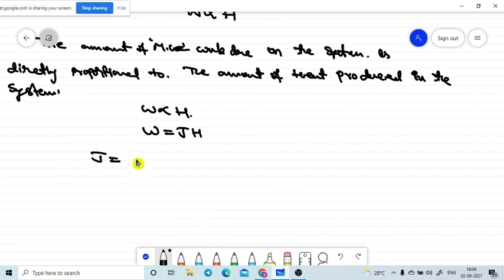Here J is the mechanical equivalent. So how can we define this J value?